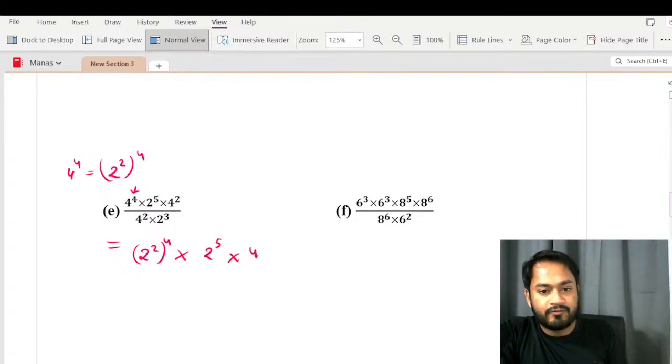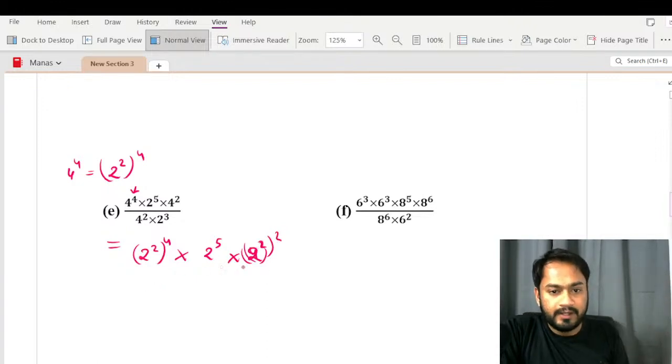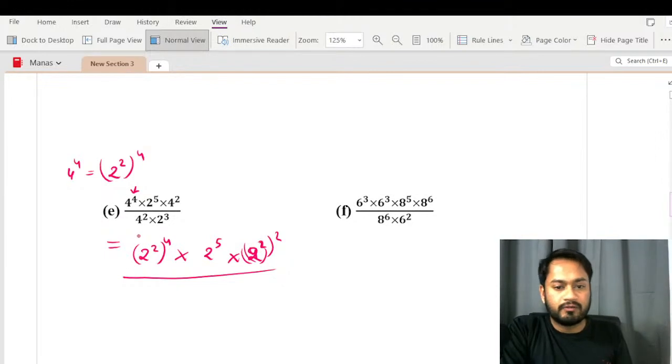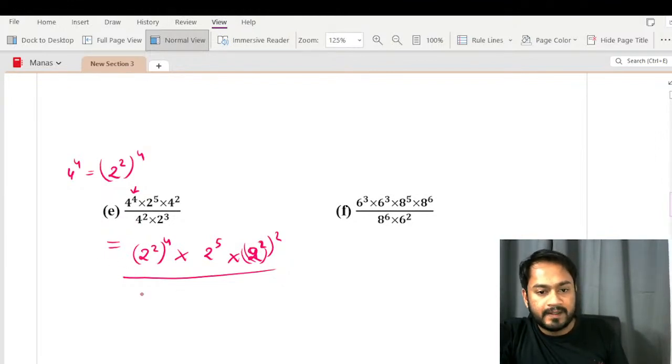Then again multiplied with 4 raised to power 2, which we write as 2 raised to power 2, and the whole power 2. We need to change 4 into the form of 2. So 2 raised to power 2, whole power 2, then multiplied with 2 raised to power 3.